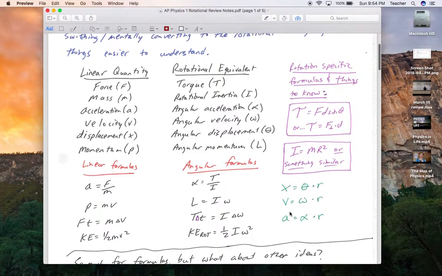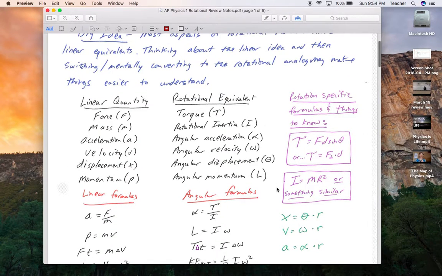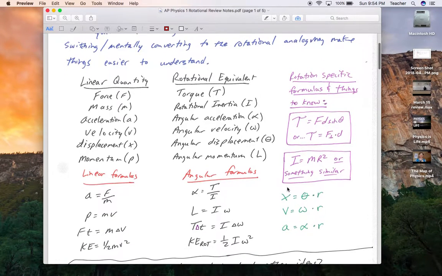There are only two real formulas that are unique to rotation, and one is with torque, which is F d sine theta, or F perpendicular times the distance. We did talk a little bit about moment arm or lever arm distance, although I tend not to calculate that. And then the moment of inertia itself, or rotational inertia, is equal to mr squared or something similar.